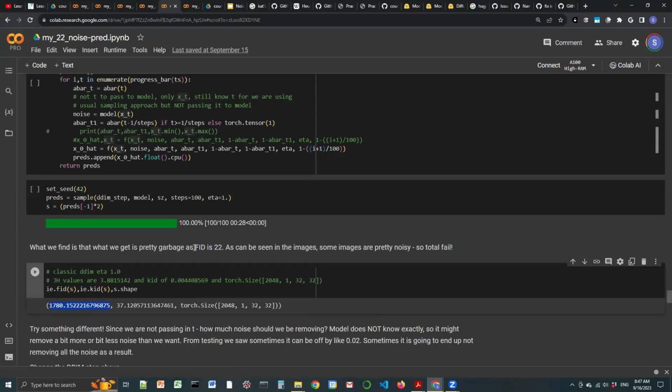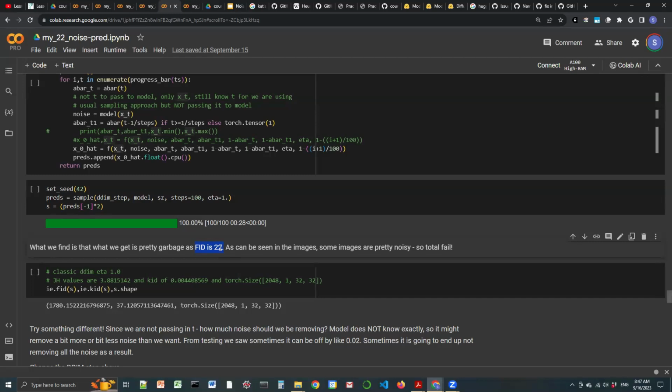He still considers the experiment a failure, which I would agree with, given that the FID is 22, whereas you saw that by the time we ended up with a cosine schedule, we were able to get a good FID of about 3.8, 3.7, and so on. So an FID of 22 is obviously far worse.